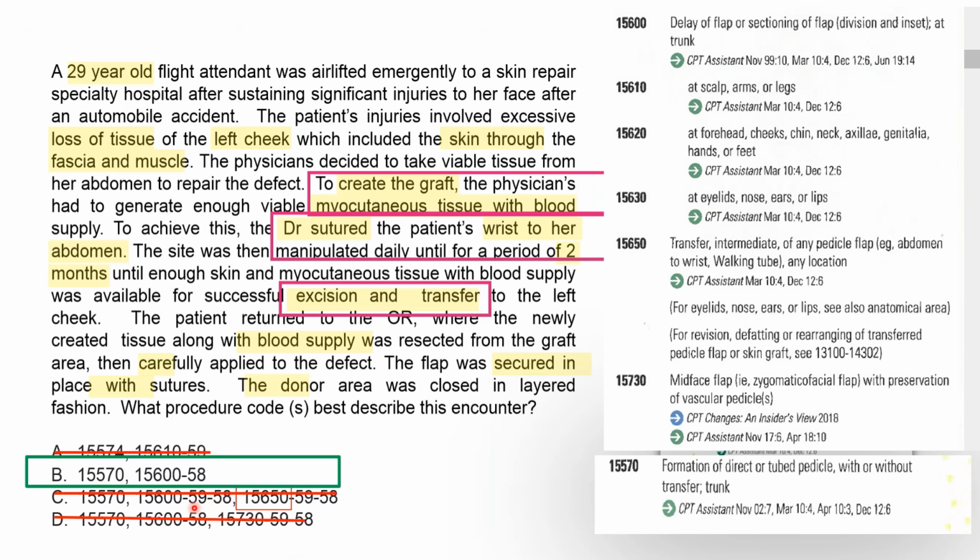So we will write answer B, and modifier 58 is because this procedure has been carried out in 2 stages and these stages were pre-planned. So for that we will require a modifier 58.